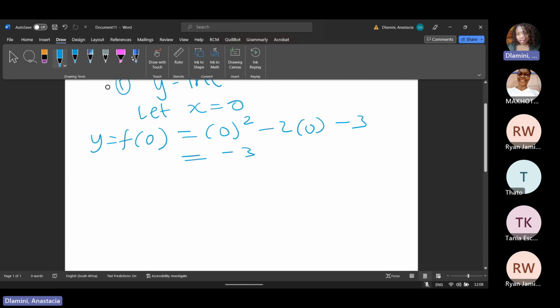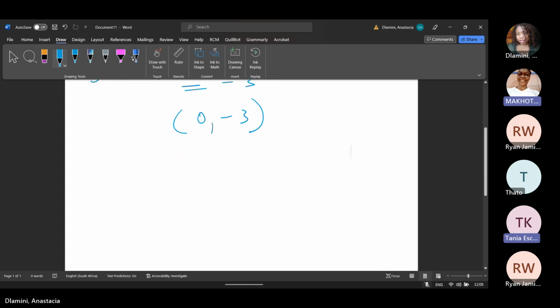Where the parabola cuts the y-axis in the Cartesian plane will be given by (0, -3). So that is our y-intercept. Are we all together? Yes, ma'am.